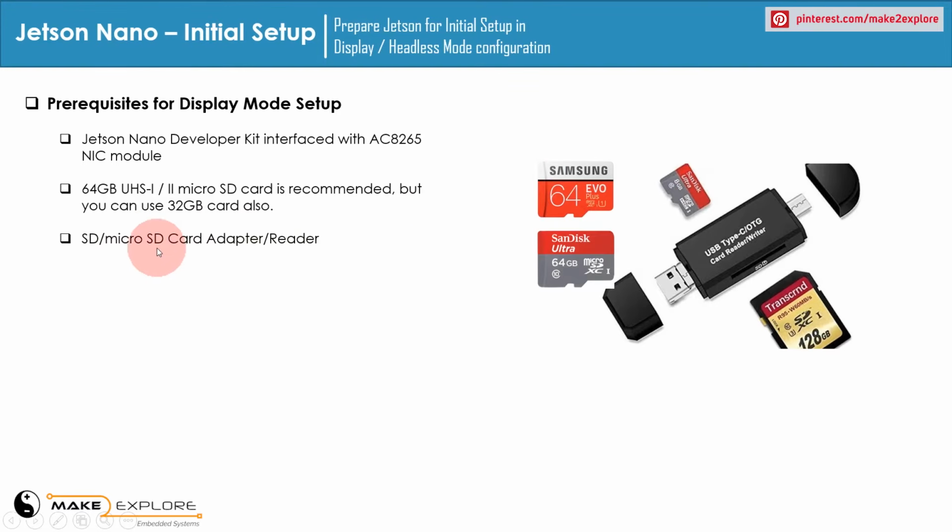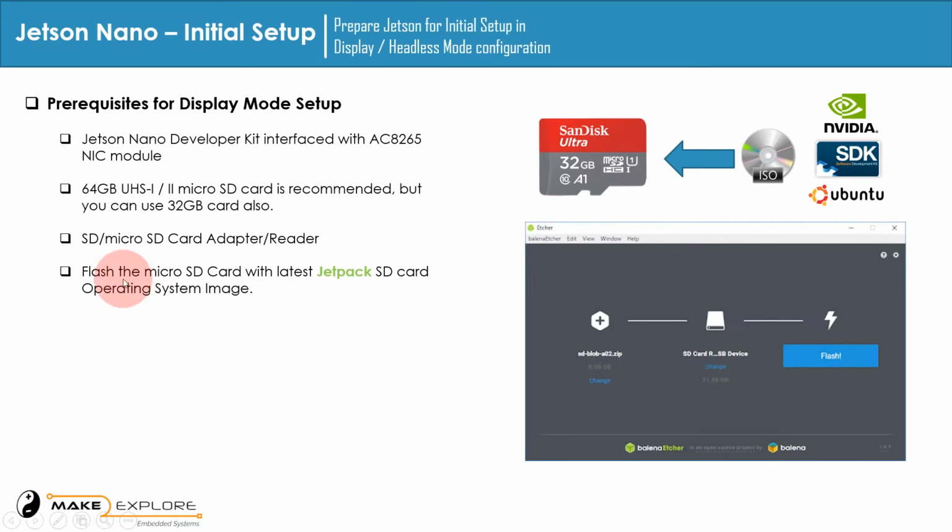Next, we will require the SD or microSD card adapter, or reader module, with which we can format the card and flash the operating system image onto it. Then, once you have the above components, you should flash the microSD card with the latest JetPack SD card operating system image and make it ready to be inserted into Jetson Nano.